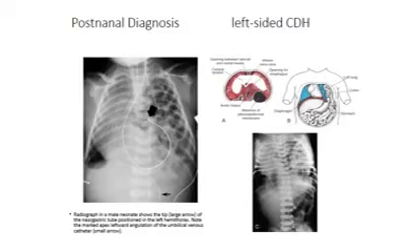The multiple air fluid levels may be intestinal loops, which always contain air and fluid, so they may occupy the thoracic space. But this may resemble, for example, multiple abscesses.